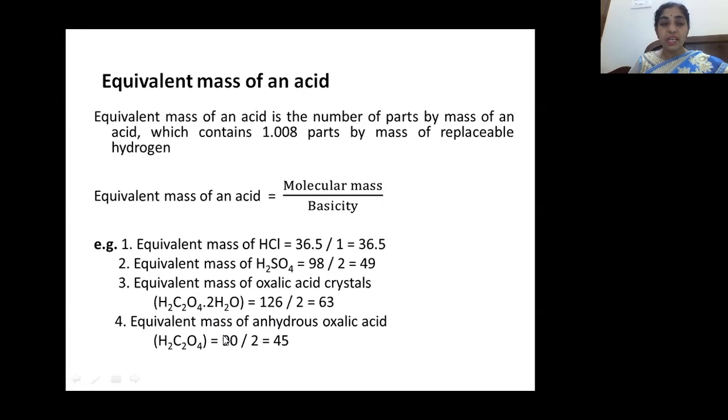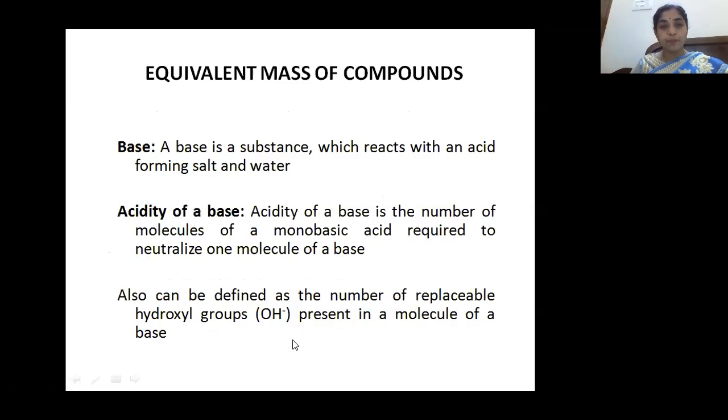Similarly, if you consider anhydrous oxalic acid, rarely used, here 90 is its molecular mass divided by 2 replaceable hydrogens, and its equivalent mass is 45.